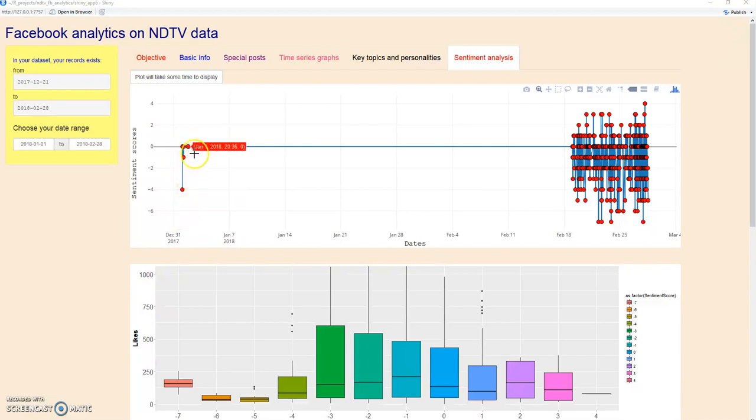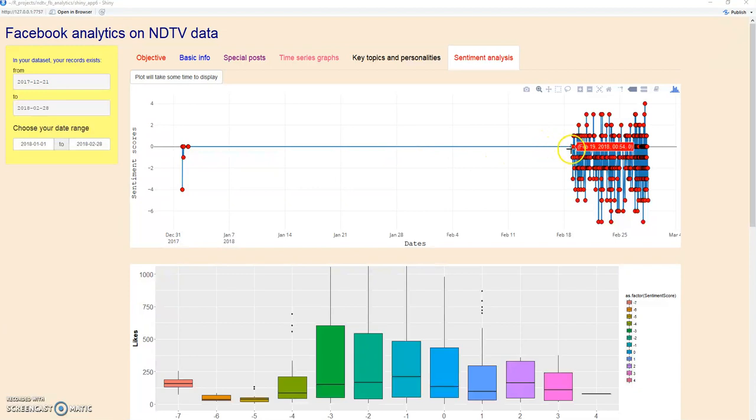and the shares that NDTV makes are basically of negative sentiment. In the space between January and 18th or 19th of February, we do not have data provided by the Facebook package, so that's the reason you see a very horizontal straight line over here.